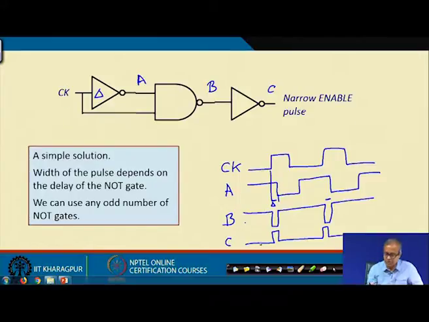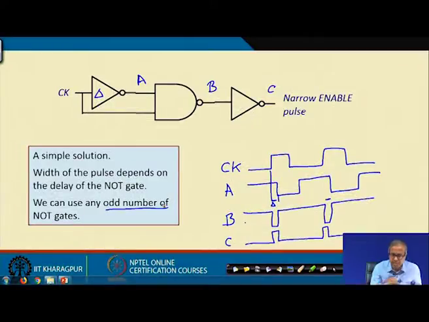Because it is so narrow, it will allow only one change in the output to happen, and this will avoid that earlier problem when enable is set to 1 for a longer time. If the input changes, output goes on changing continuously, that will also get avoided here.